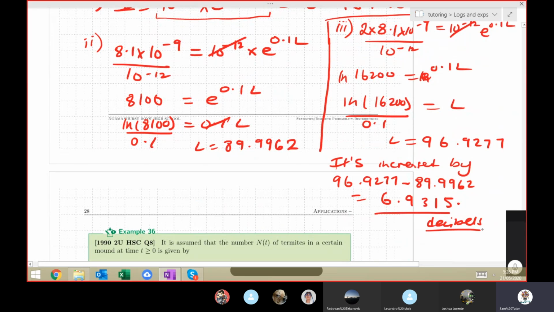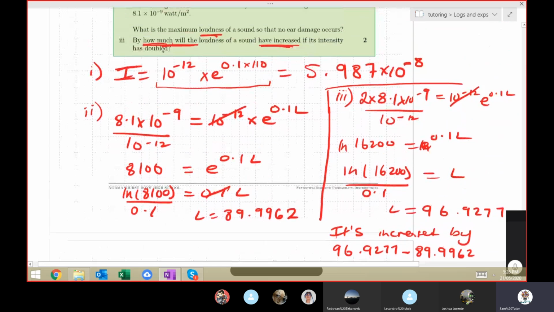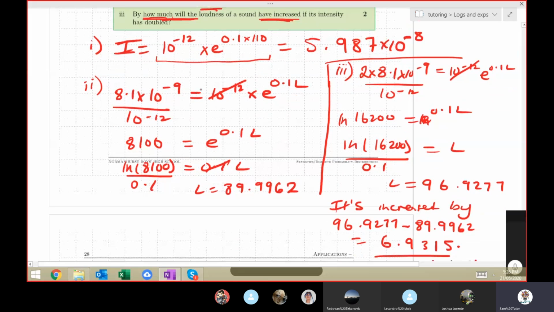It was back in 2008 when they started introducing more and more of these styles of questions. By how much? How long will it take for the chicken to cook? You'll see a lot of these styles of questions. They're all the same. If you just find the time, and imagine you found the time is 45 minutes, you will not get full marks because the question said, how long will the chicken take to cook?